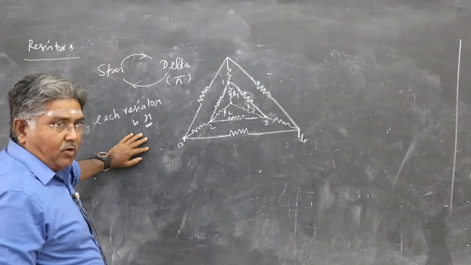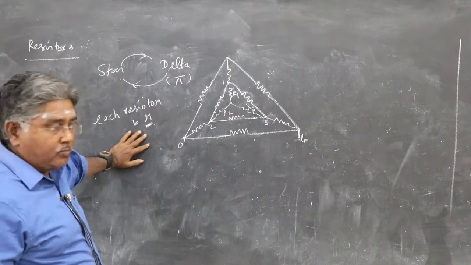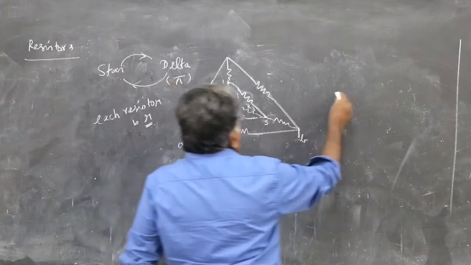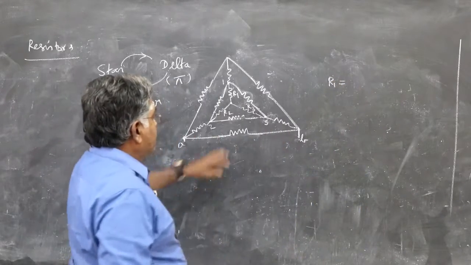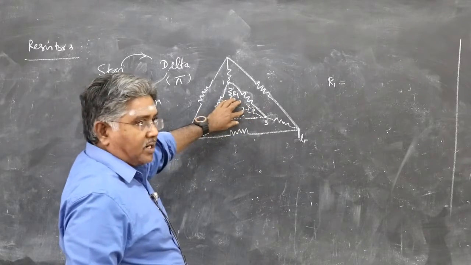It's given the value of each resistor is R ohms. Note that this is converting delta to star.